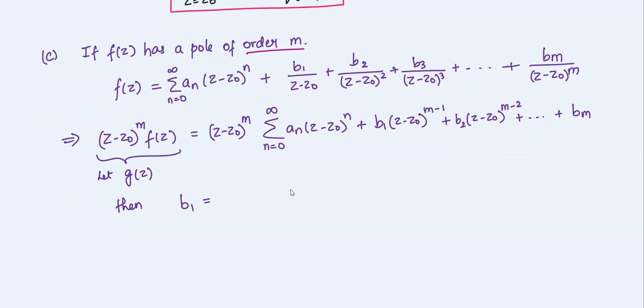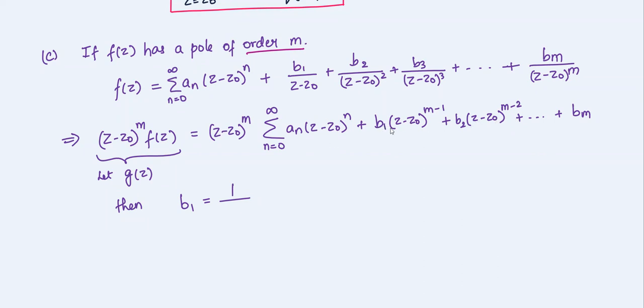And by definition, this now becomes the Taylor series expansion of g, with bm, then the next term having z minus z naught whole power 1, the next term whole power 2, and so on.